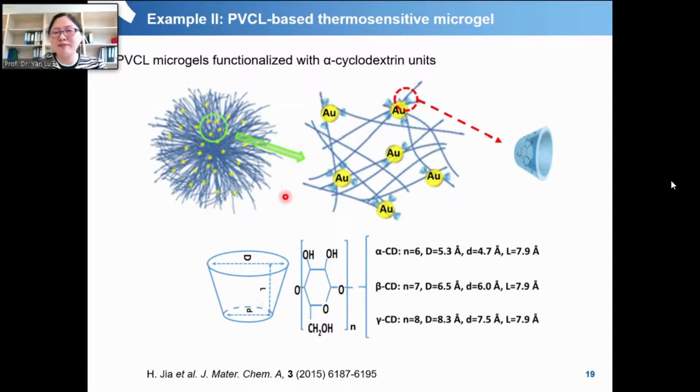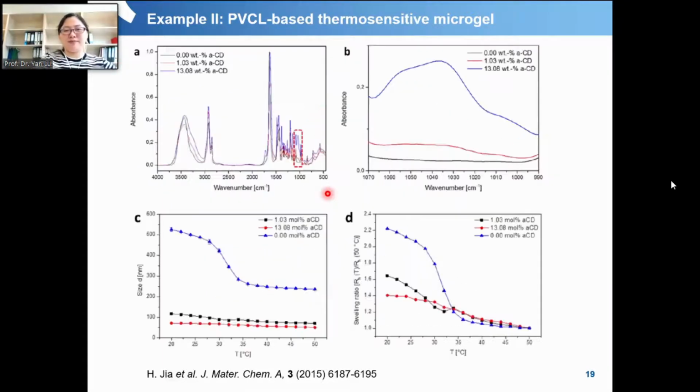And this can, of course, also be applied for some special applications. And also the polyvinyl caprolactam particle can be used as a nanoreactor for the generation of gold nanoparticles in the system. So this is also a very good nanoreactor for metal nanoparticle deposition.